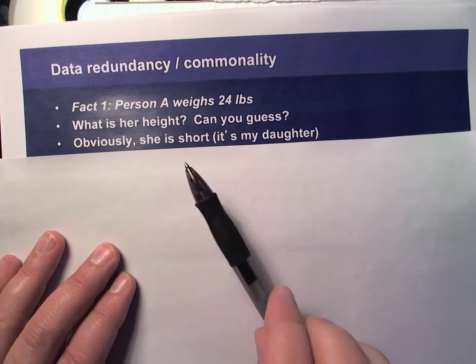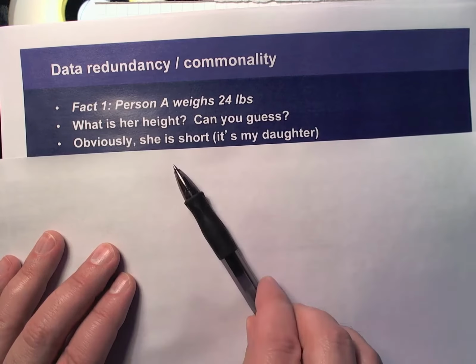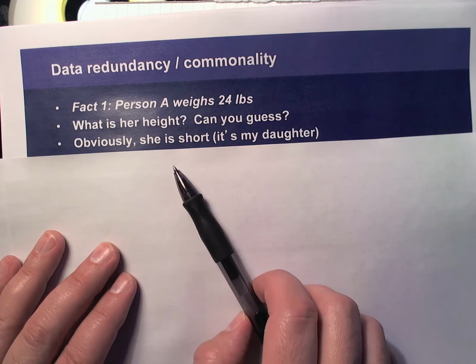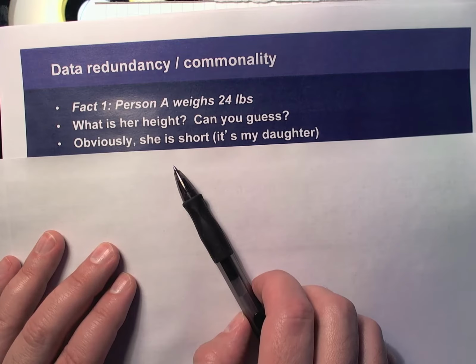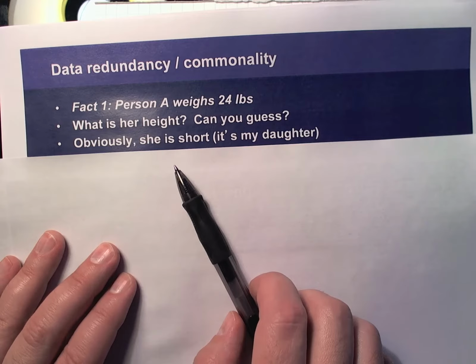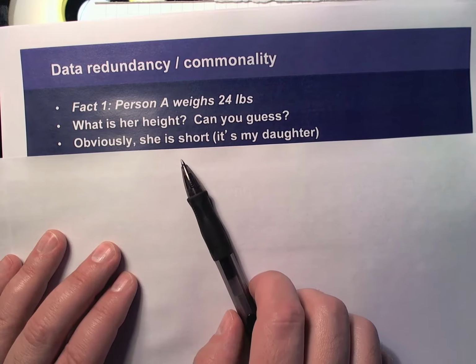Okay, so this is relating to this idea of redundancy. Height and weight are not independent numbers. One tells you information about the other. If you have the weight, you could guess the height to a certain extent.